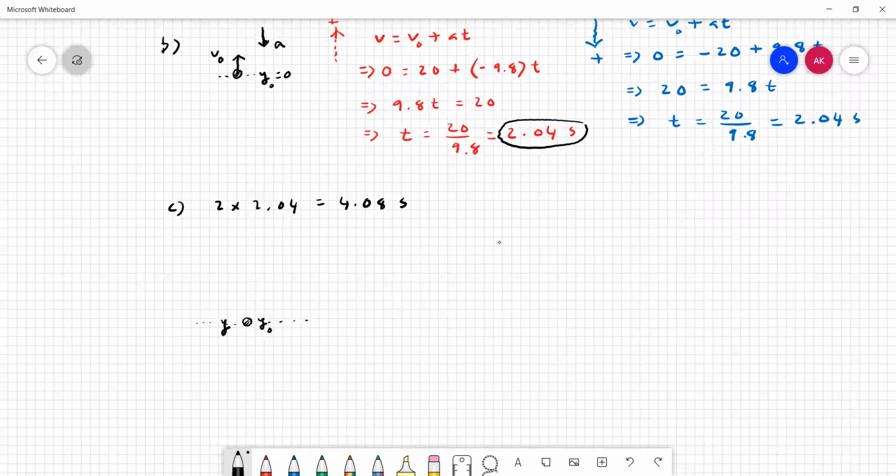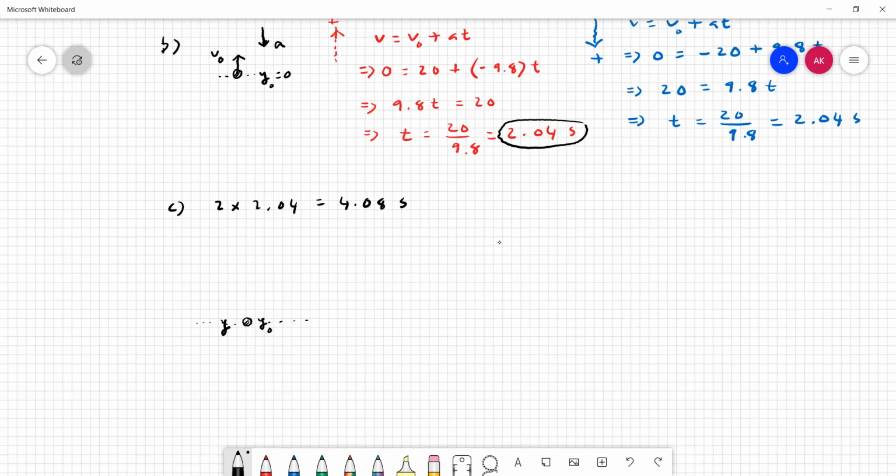What did we learn about the displacement if initial and final positions are the same? What's the displacement of the ball? 0.